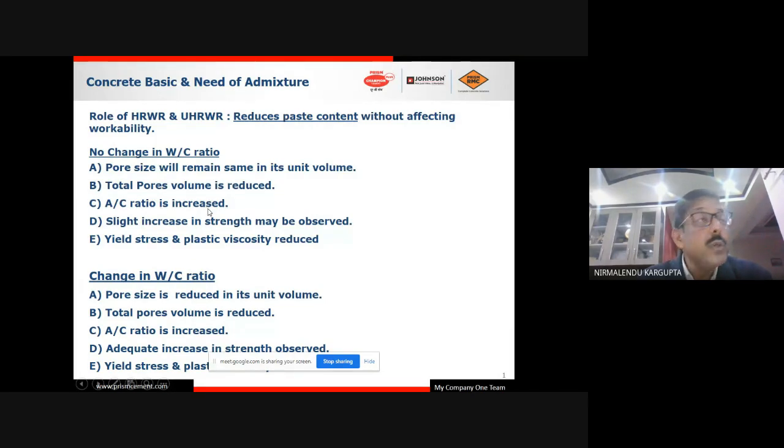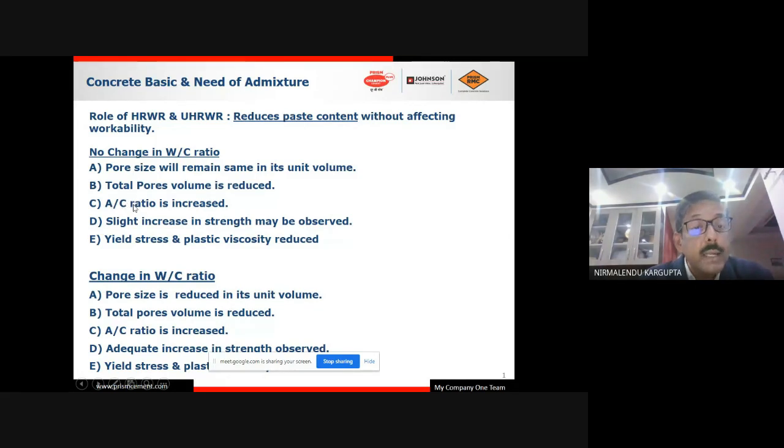Aggregate cement ratio is increased. What is the concept of aggregate cement ratio? Aggregate cement ratio actually signifies how much paste content or aggregate content is in your mix. Higher aggregate cement ratio means higher aggregate, because the yield is 1000 liter. If I increase the aggregate, definitely the cement paste has to be reduced.